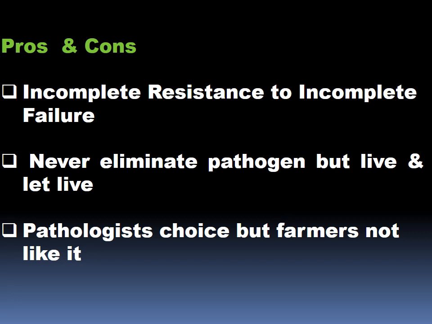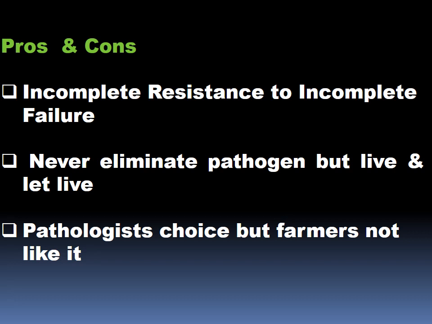So if there is an incomplete resistance, the failure is also incomplete, and at the end of the day, we will get something. The second disadvantage probably associated with this kind of resistance is that it never targets to eliminate the pathogen from the agro-ecosystem.